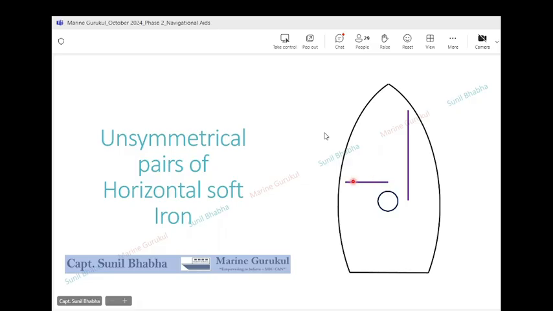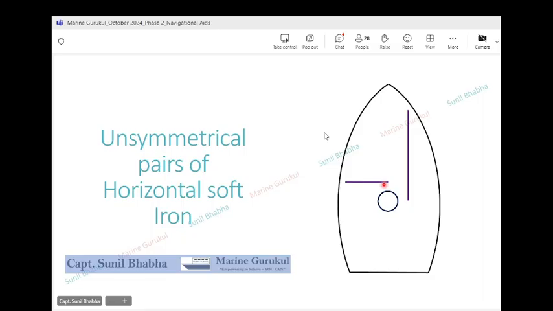Likewise, this athwart ship HSI which you see is present only on the port side of the compass and it is not present on the starboard side of the compass. So both these HSI are unsymmetrical. That means they are present only on one side of the compass and there is a pair present, meaning both fore and aft and athwart ship HSI are present.